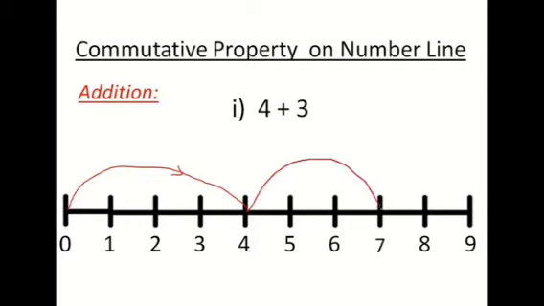So, I am reaching 7. So, 4 plus 3 on the number line shows that you are landing on 7. So, 4 plus 3 means 7. We can understand.